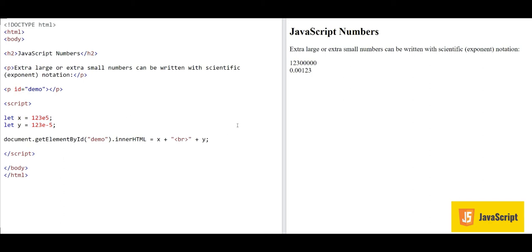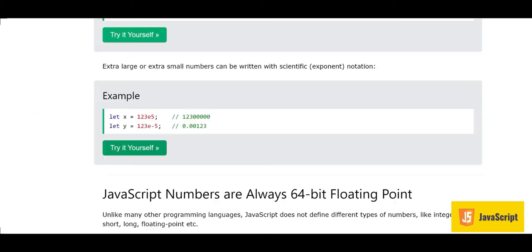When you print them out, you get the numbers printed without the scientific notation. So this is how it works in JavaScript when writing numbers with scientific notation, when you have a very large number or a small number.